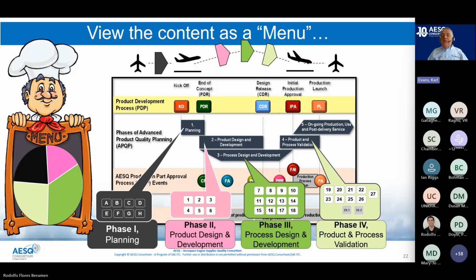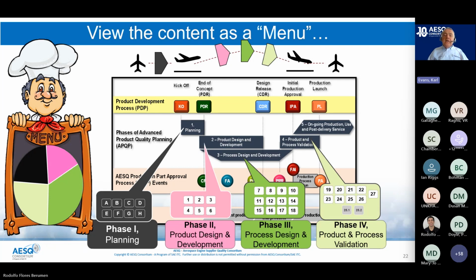As any good menu, that means there's a level of selection that takes place. So we represent within how we describe APQP a set of deliverables. Those deliverables we can break out into phases: planning phase, the design development phases, the validation. And therefore we can make it really clear what's expected at points in time going left to right.